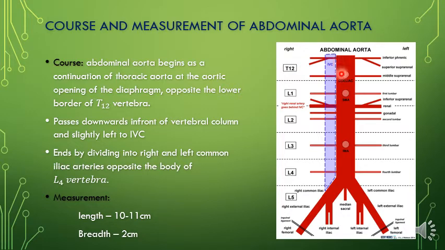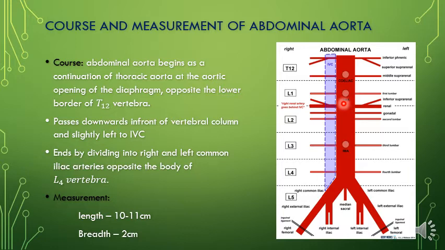At this level the abdominal aorta begins, and then passes in front of the vertebral column and slightly to the left of the inferior vena cava. This blue structure that you are seeing is the inferior vena cava. So the abdominal aorta lies to the left of the inferior vena cava, and in front of the vertebral column.